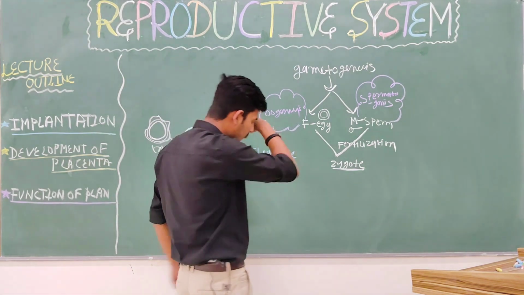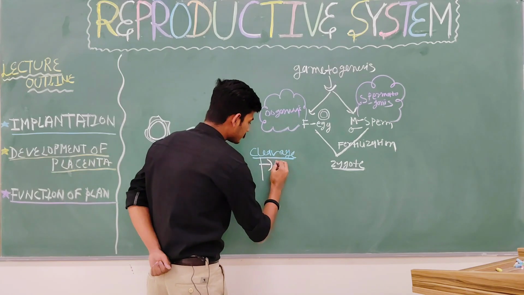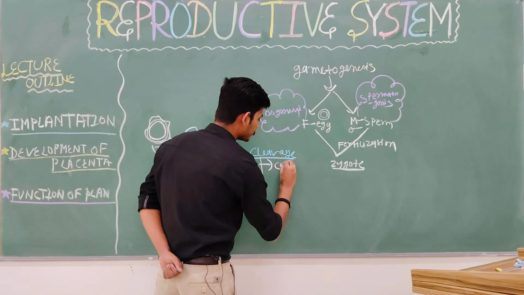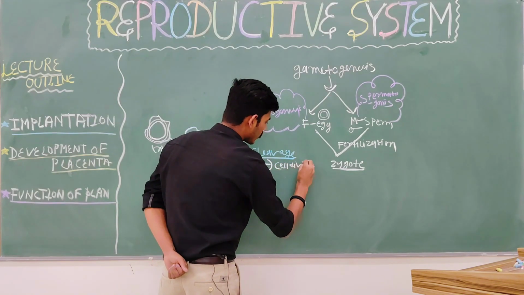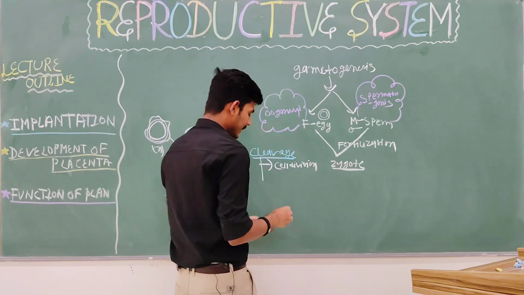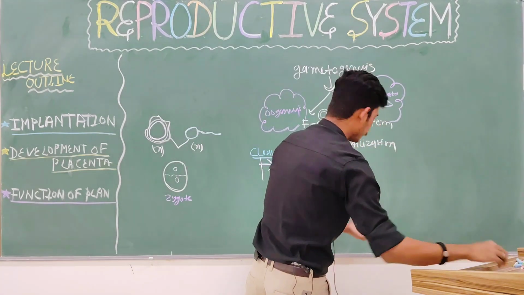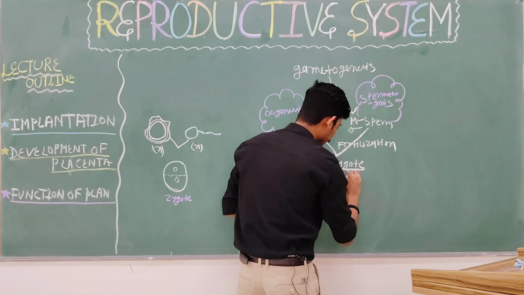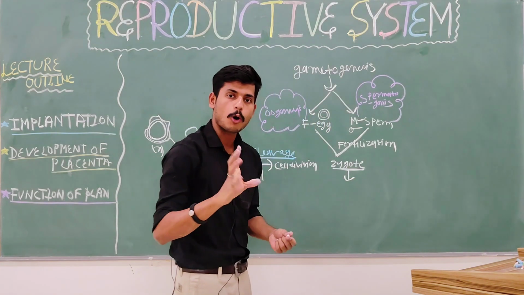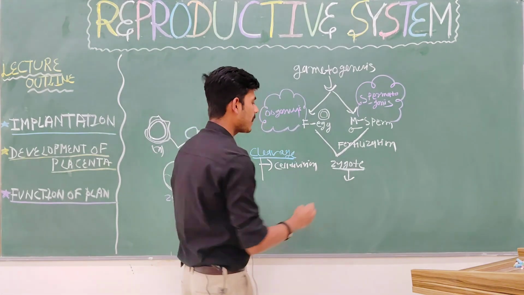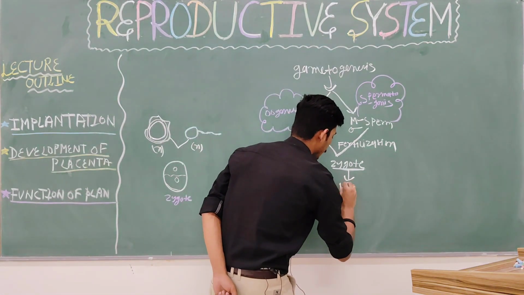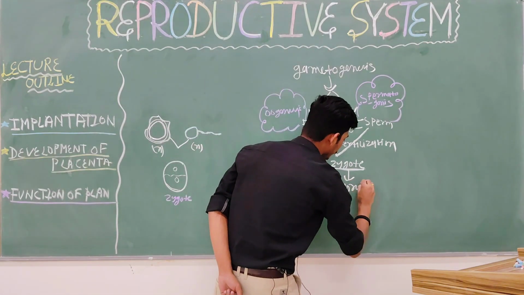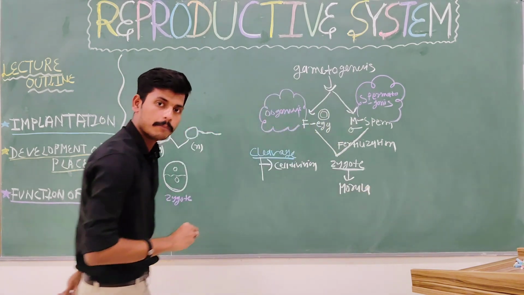The first foremost thing is cell division. Now this zygote will change into one ball-like structure that is termed a morula.